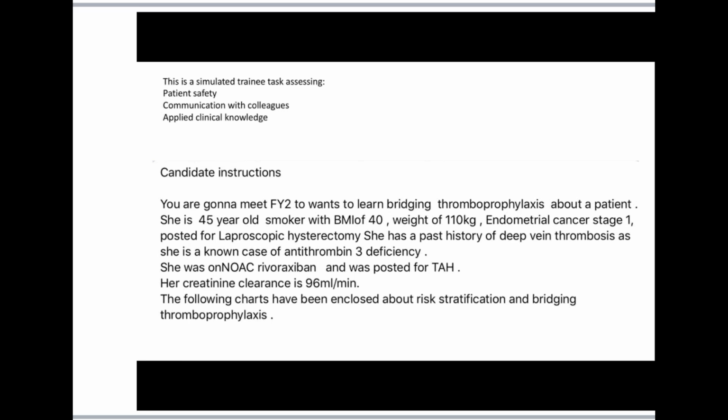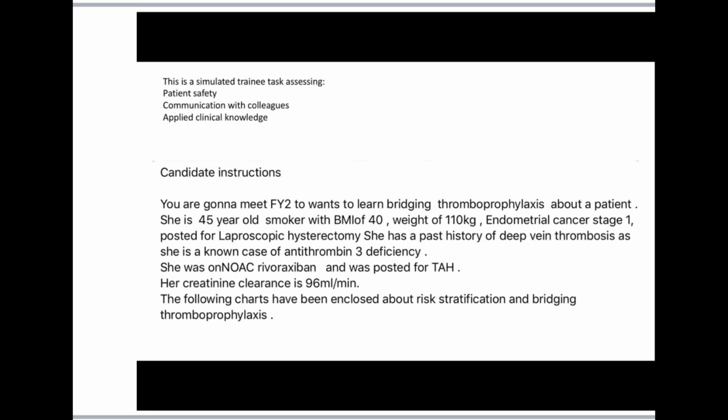Okay, so that's the difference between both drugs, and why we need to know that: about 1.5 million people in the UK are on oral anticoagulants at the moment. Of these 1.5 million people, 15% go to surgery every year.